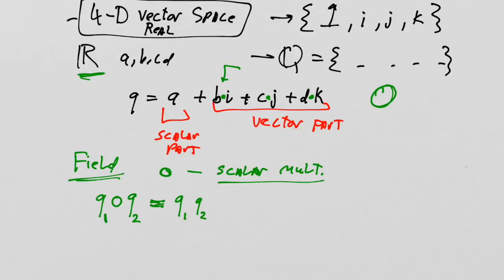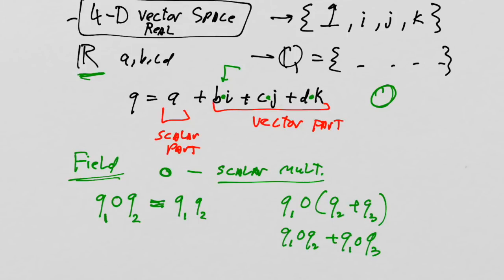But a field has this scalar multiplication, which has the property of being distributive over the vector addition, right? That is, Q1 scalar multiplied by Q2 plus Q3 is always Q1 scalar Q2 plus Q1 scalar Q3. Notice I'm preserving the order because this may not necessarily be commutative.